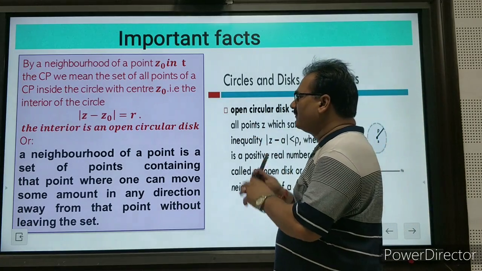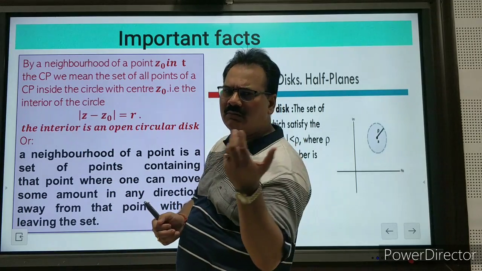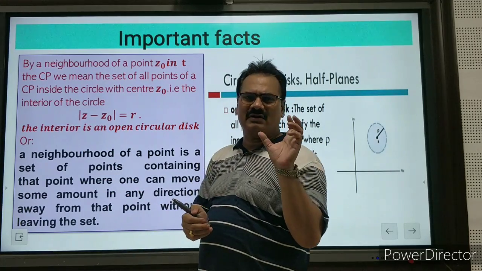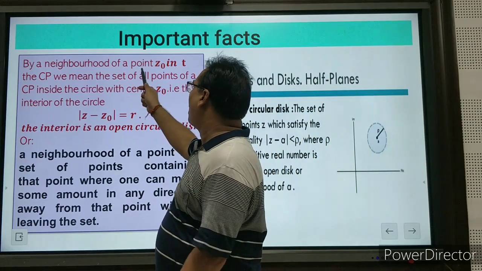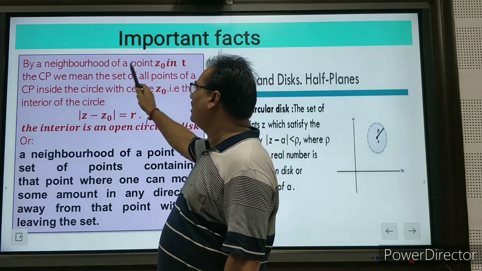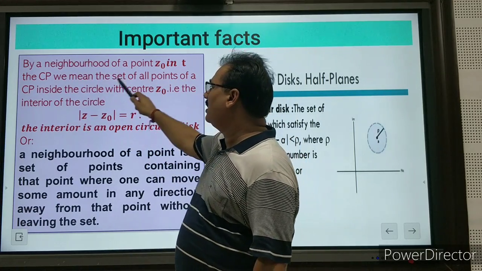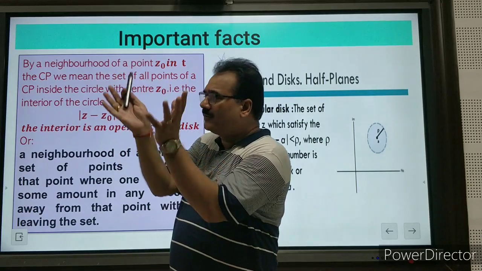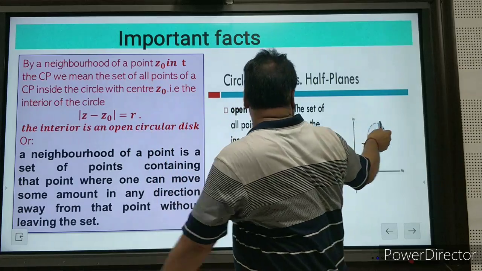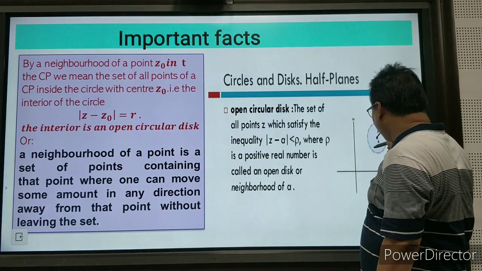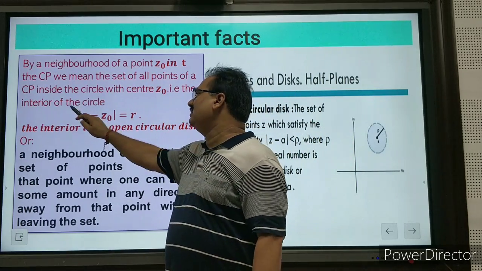Now, some important facts we have to remember before moving further. We always use the term neighborhood in analytic functions and complex integration. What is the meaning of neighborhood in mathematics? By a neighborhood of a point z0 in the complex plane, we mean the set of all points of the complex plane inside the circle with center z0, that is, the interior of the circle.